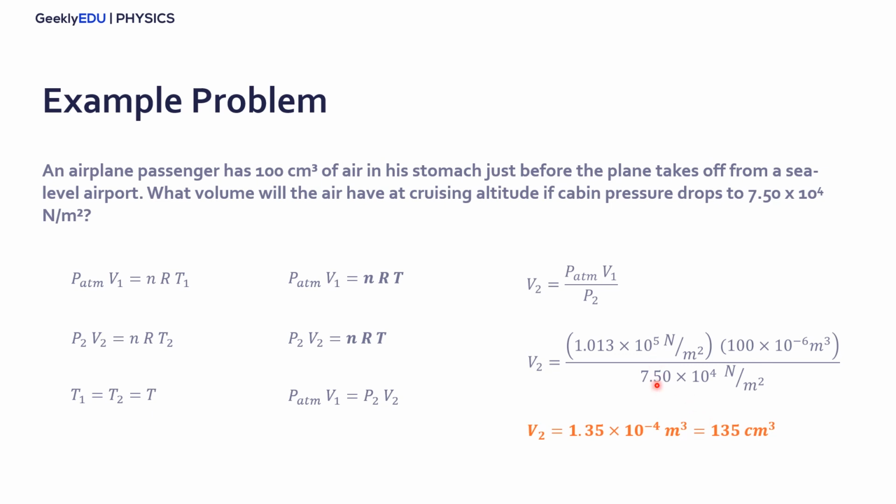So see that for a constant temperature, we lower our pressure, right? And then we expand the gas inside the passenger's stomach, okay? Because we are lowering the pressure, we're increasing the volume.